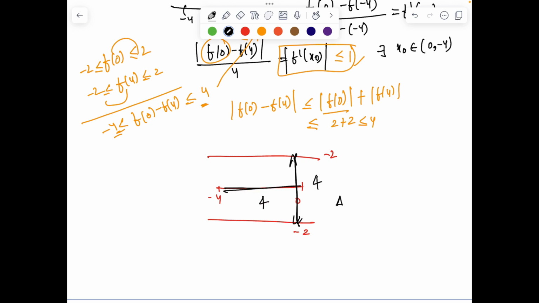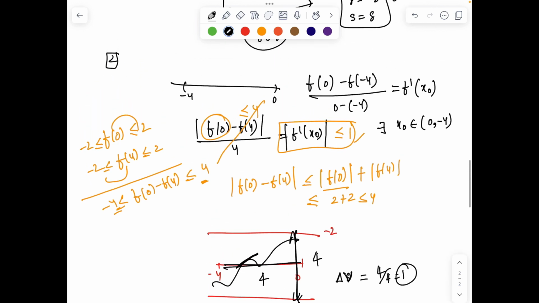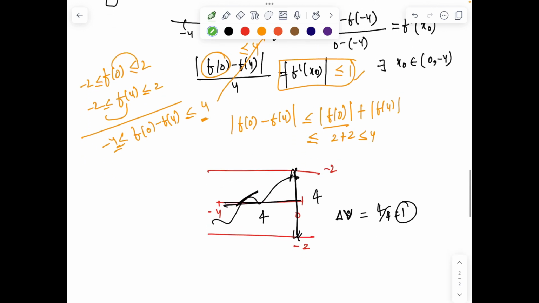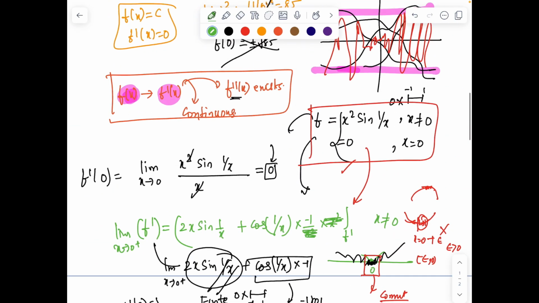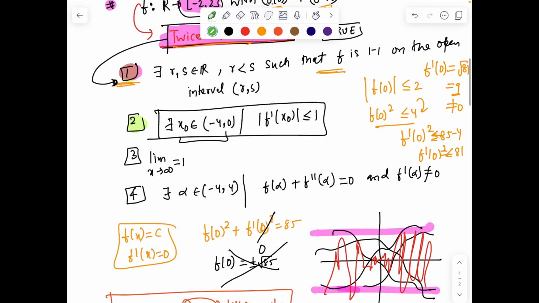So definitely the average speed you'll get is 4 by 4 equal to 1. So there must be a time in your journey where the instantaneous speed was also 1. This is directly the feel of what the mean value theorem fundamentally is. So the second part was fairly easy, and that gives second is correct, first is correct.